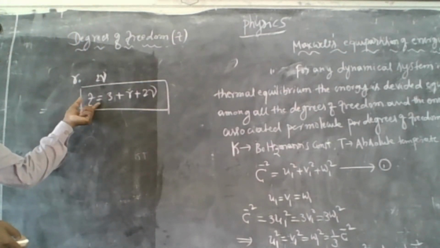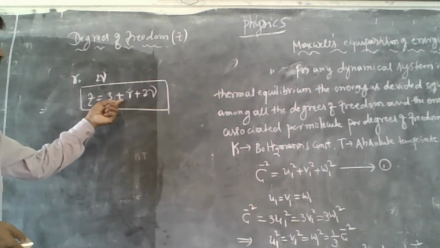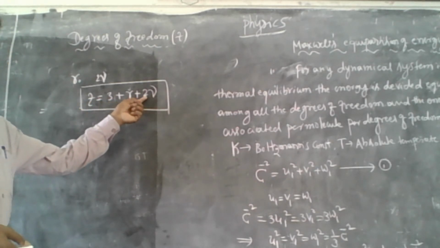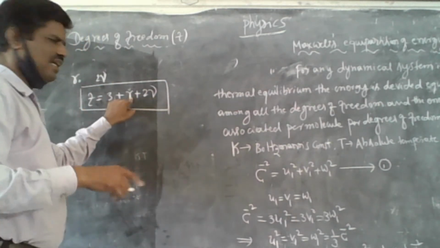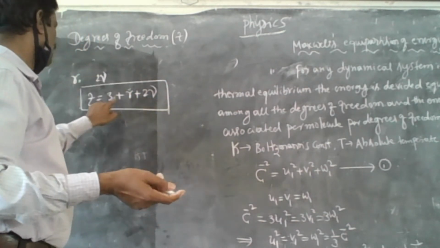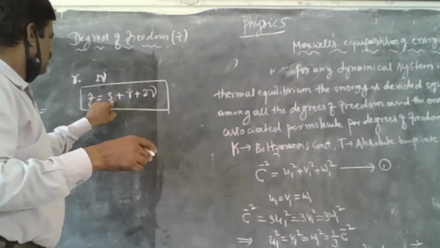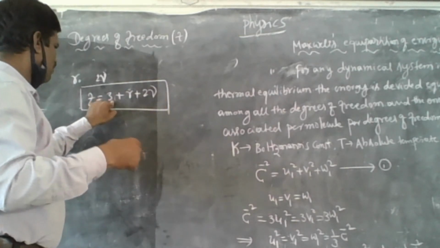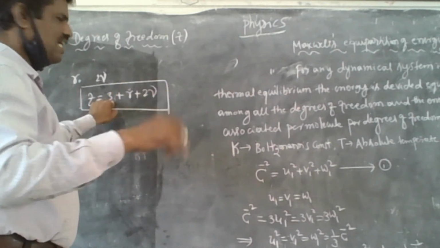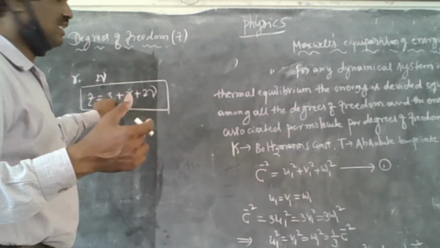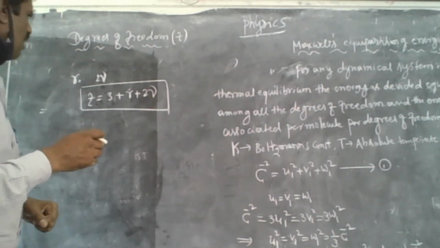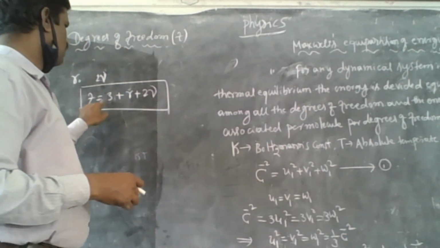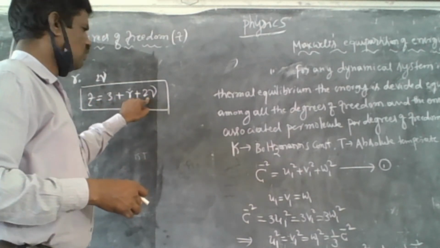That is, F is equal to 3 plus R plus 2 nu, where nu is the vibrational contribution, R is the rotational contribution, and 3 comes from the translational motion, isn't it? So the total degrees of freedom of the molecule is F equals 3 plus R plus 2 nu.